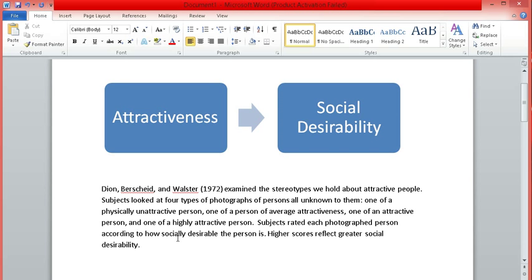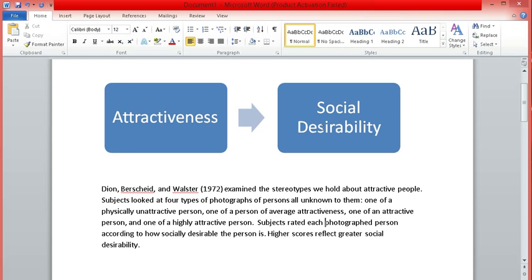So in this case, our model looks like this, wherein we have attractiveness as a variable, and there are 4 levels: unattractive, average, attractive, and highly attractive. We'd like to know whether this attractiveness can influence or predict the subject's perception of social desirability.